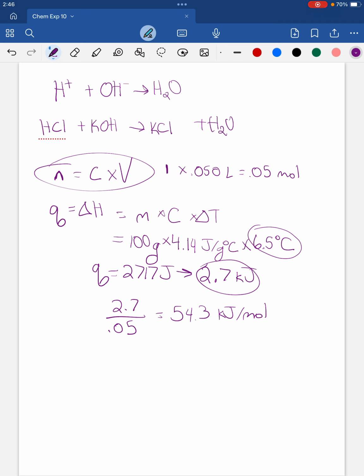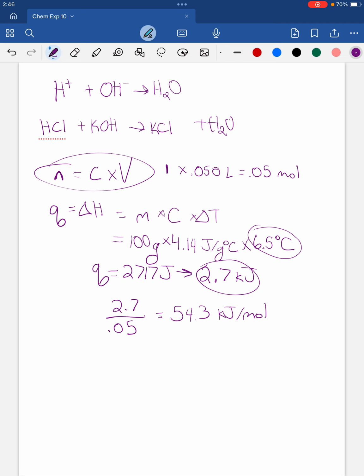For part three, you're going to use Hess's law, and you're going to find the standard delta HF of potassium chloride from the experimentally determined values. There are some values given to you in table 6.1 in the lab manual. Hess's law basically describes that energy of reactions, or energy in general, can neither be created nor destroyed, so it needs to come from somewhere.